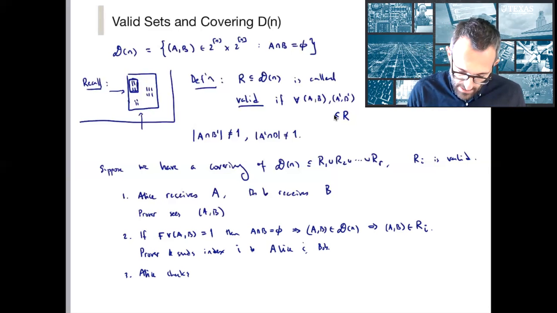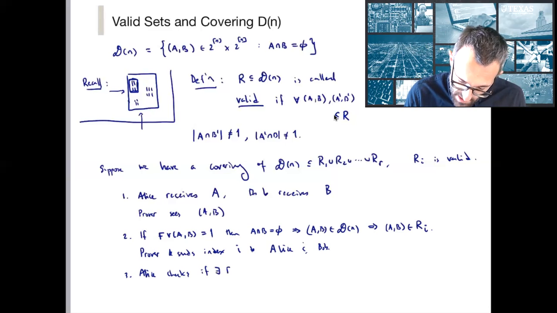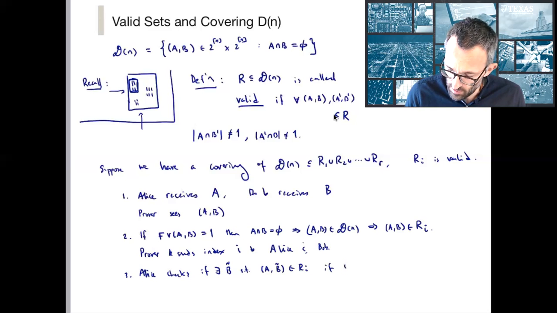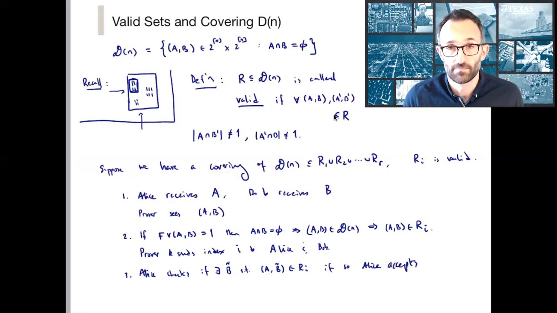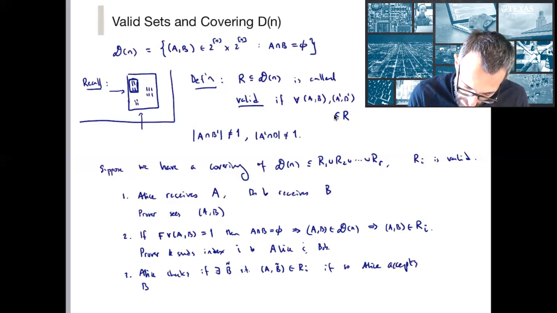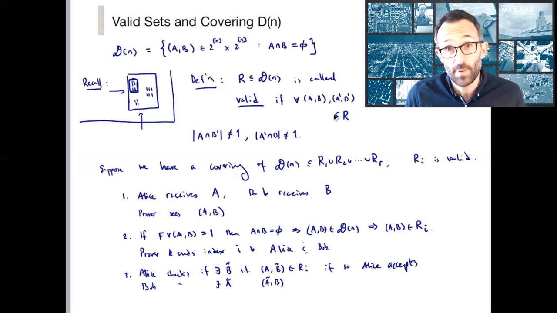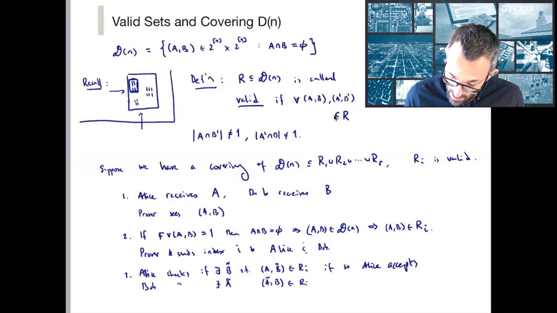So how does Alice do that? Alice checks if there exists some other B, let's call it B tilde, such that her A with B tilde is an Ri. And if so, Alice accepts the proof. And similarly, Bob checks if there exists some other A tilde such that A tilde with his B is in Ri, and if so, Bob accepts.